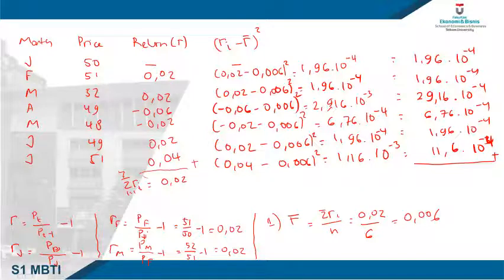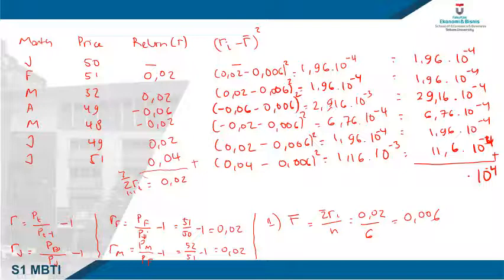Now I add these, since they are the same factor. So I add 1.96 plus 1.96 plus 29.16 plus 6.76 plus 1.96 plus 11.6. This is a very long calculation, so we have to be careful with this.